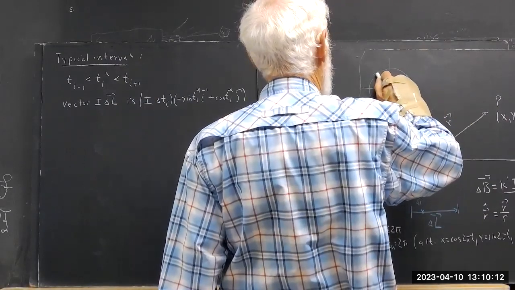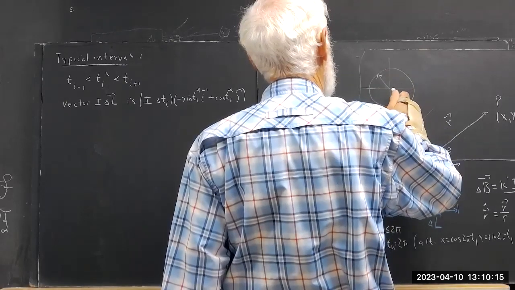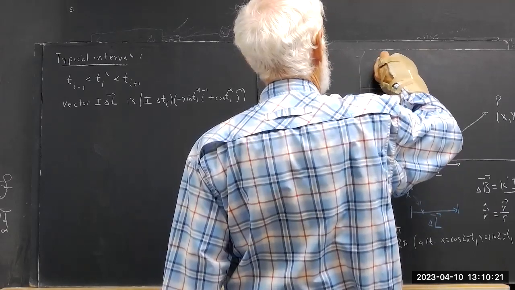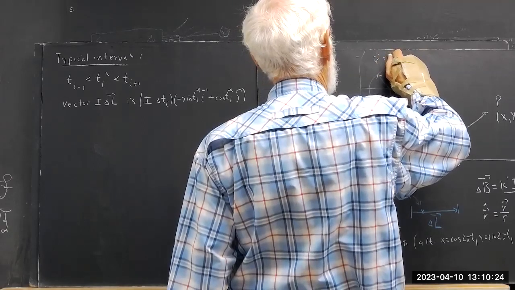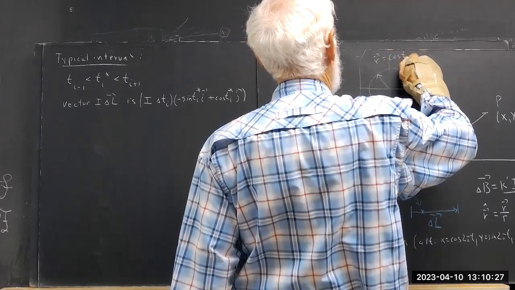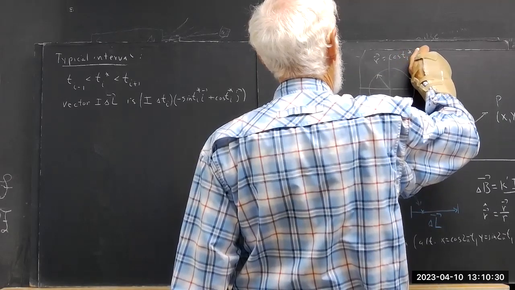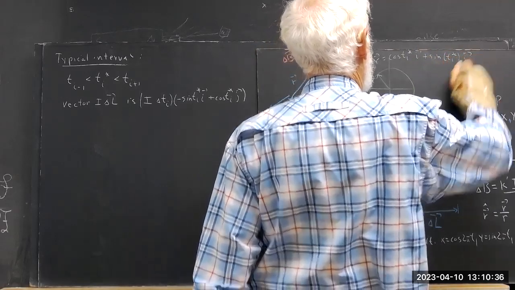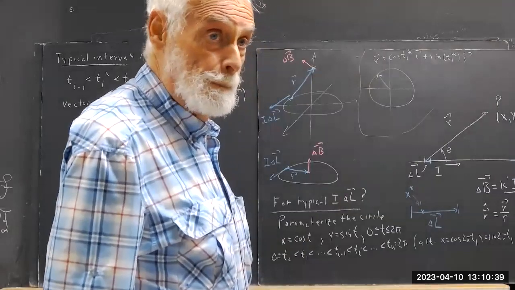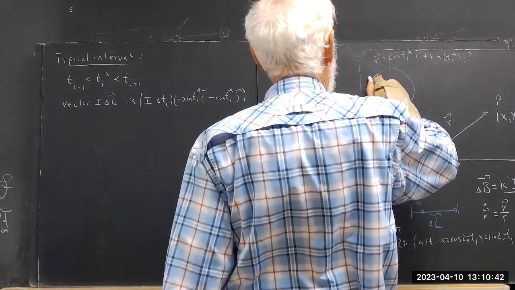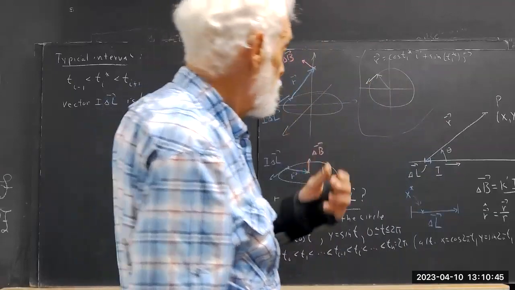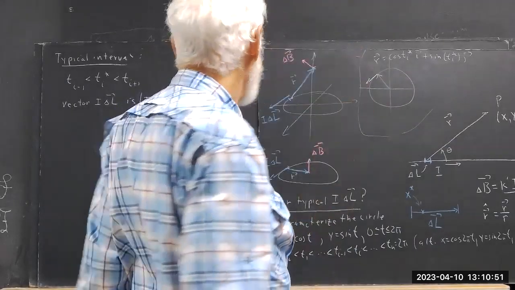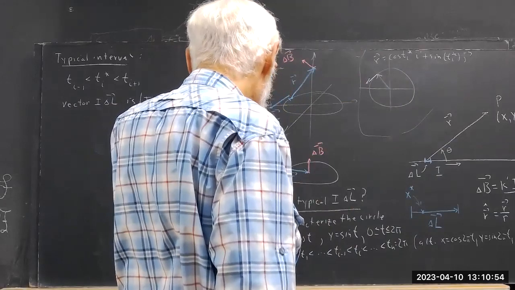You can say, if this is your r vector, your tangent vector has to have a direction.